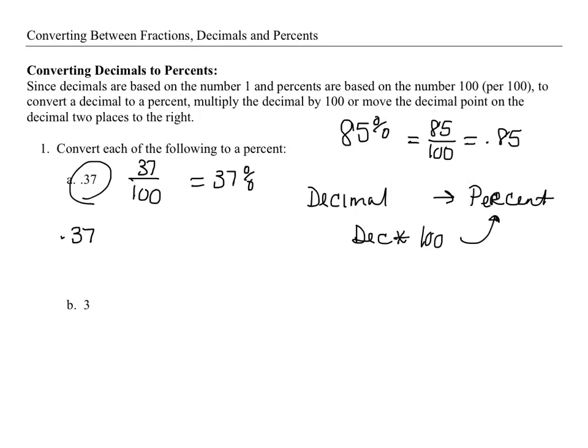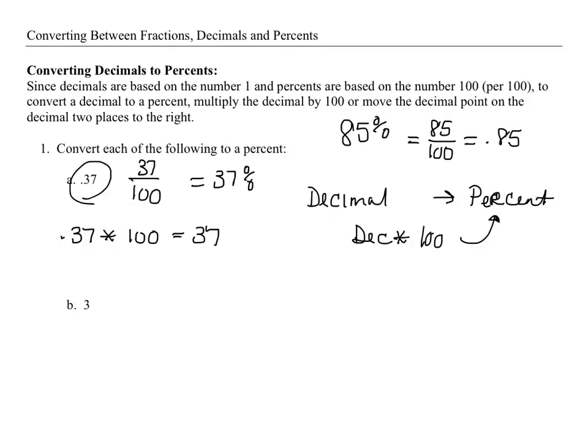Cool? Remember when we were multiplying by powers of 10, we just moved the decimal point to the right if we were beefing it up, which we are. In this case, I'm moving the decimal point to the right 2 places.